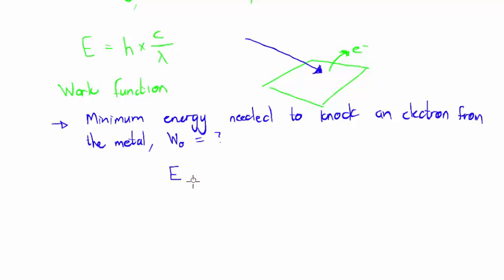Now let's say that the energy that I have is enough to knock it off. Then the energy that the light hits with minus the energy that it used to knock it off, the energy that is left, is the maximum, and I should put a K there.